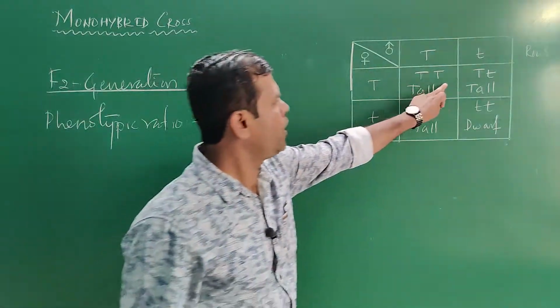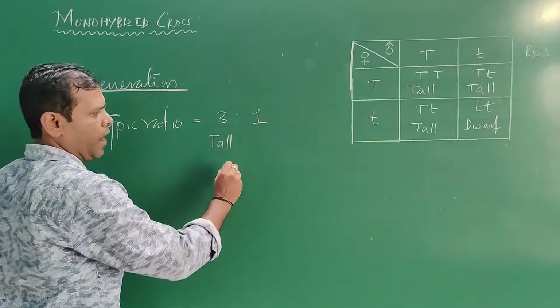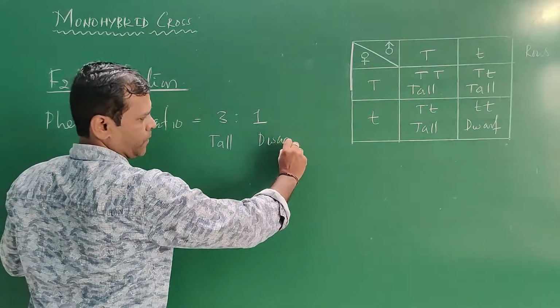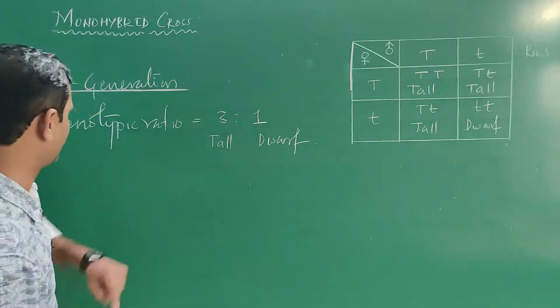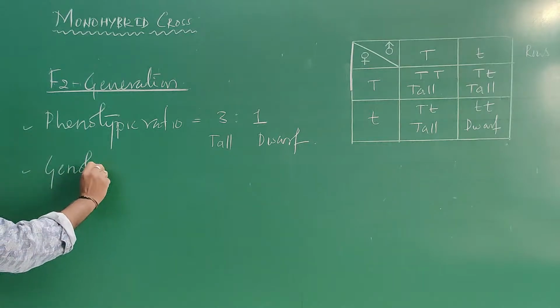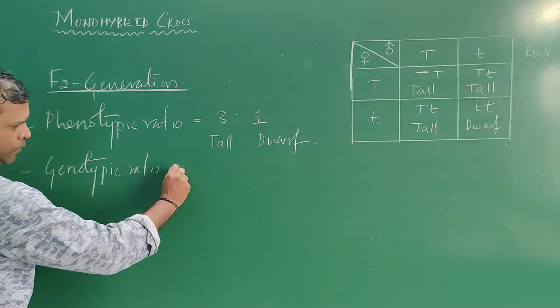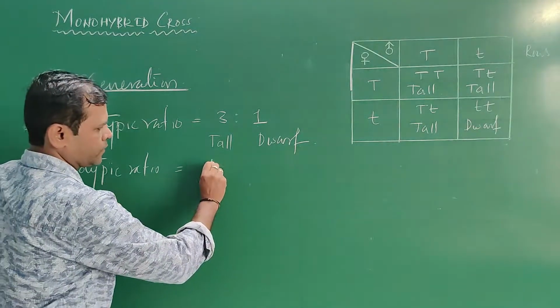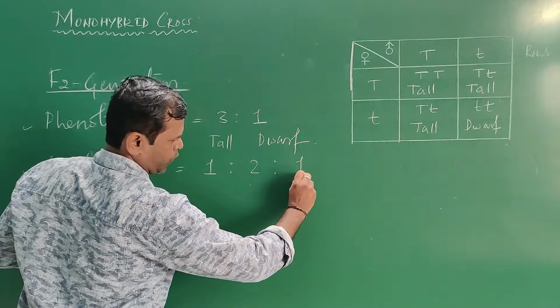So out of 1, 2, 3, 4 plants, 3 are tall plants and 1 is dwarf. And genotypic ratio, what he found is 1:2:1.